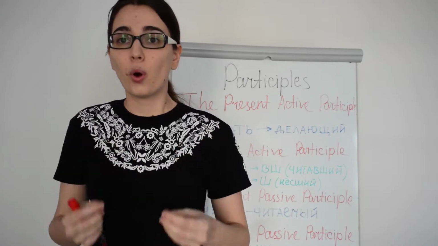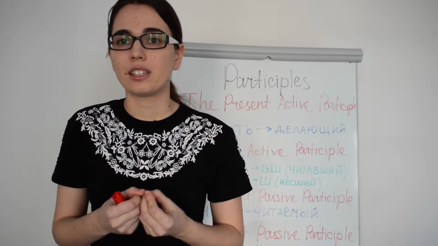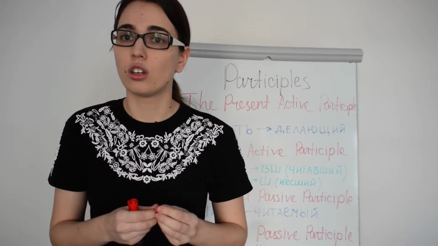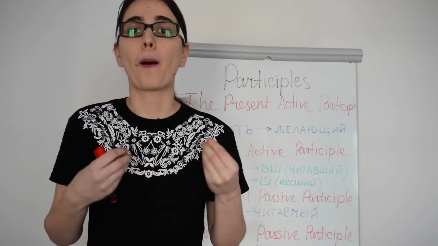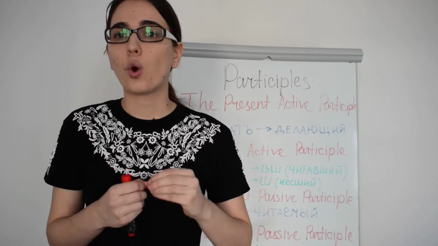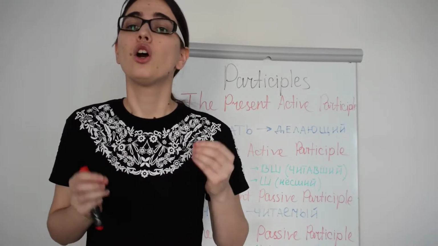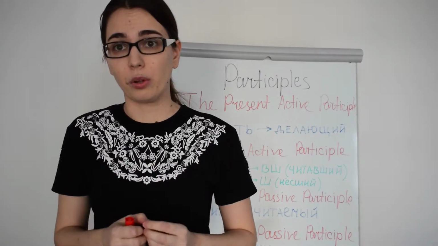As you probably know, we use adjectives to talk about qualities or features of objects. But if we want to talk about certain qualities that depend on an action, we need to use participles.